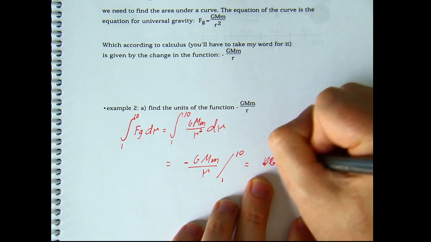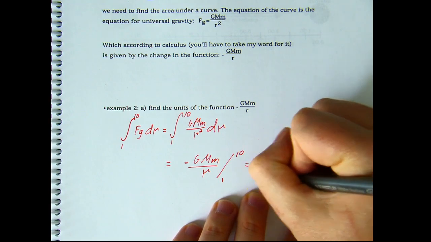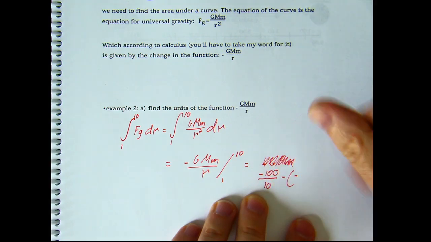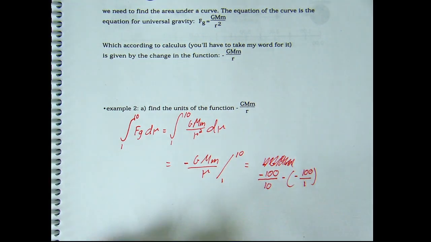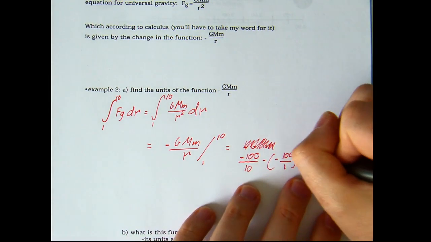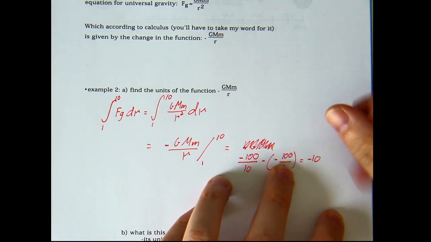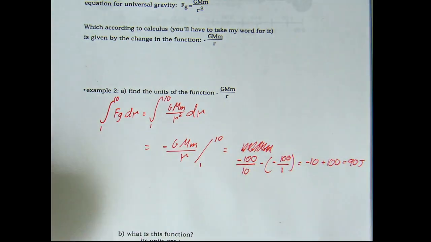Sorry, that's going to be negative 100 over 10 minus negative 100 over 1. Again, if you've never seen this before, don't worry about it. So negative 100 over 10 is negative 10, minus, so plus 100. We're going to see that the work required is exactly 90 joules, which is pretty cool.